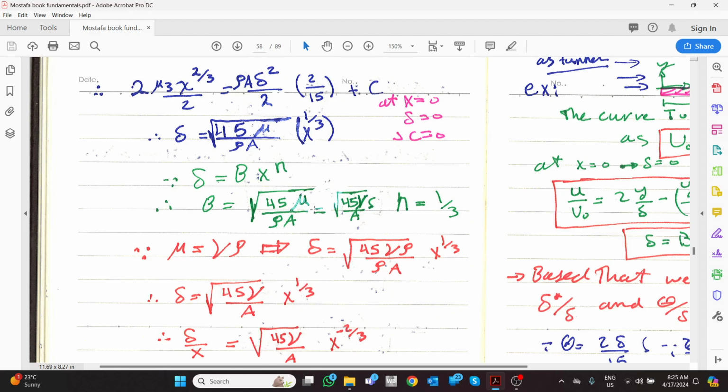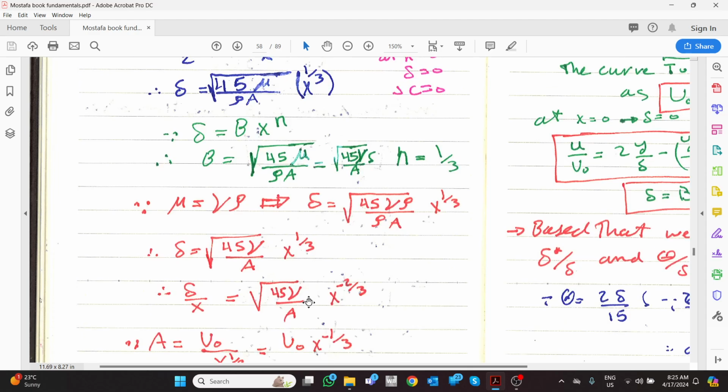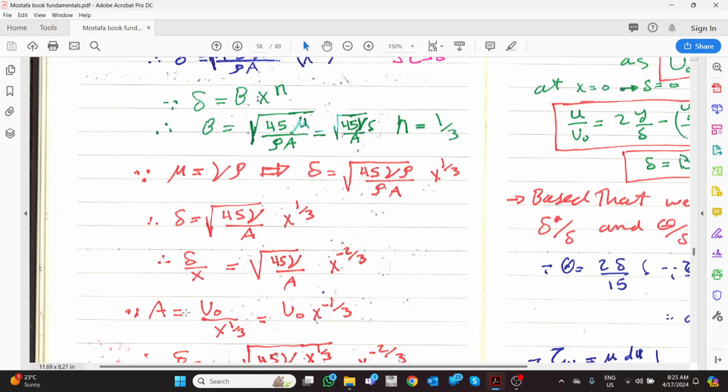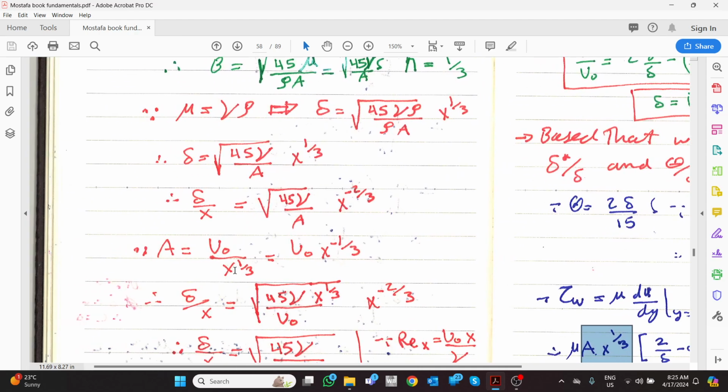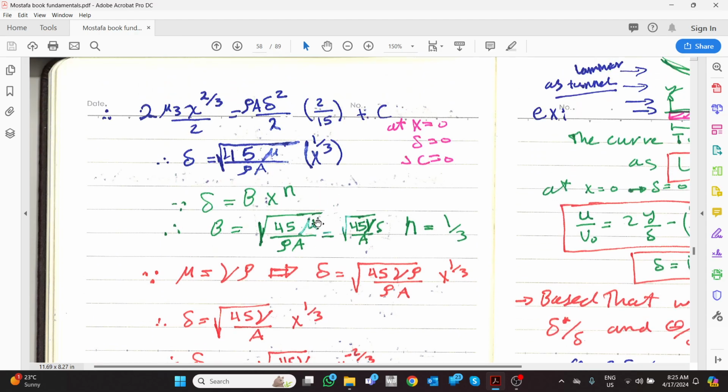Okay, so based on this, you can write 45 gamma over A. So you can write delta multiplied by this one, which is delta equal to this one. Which is A is equal to the area itself, a function of x, if you remember.